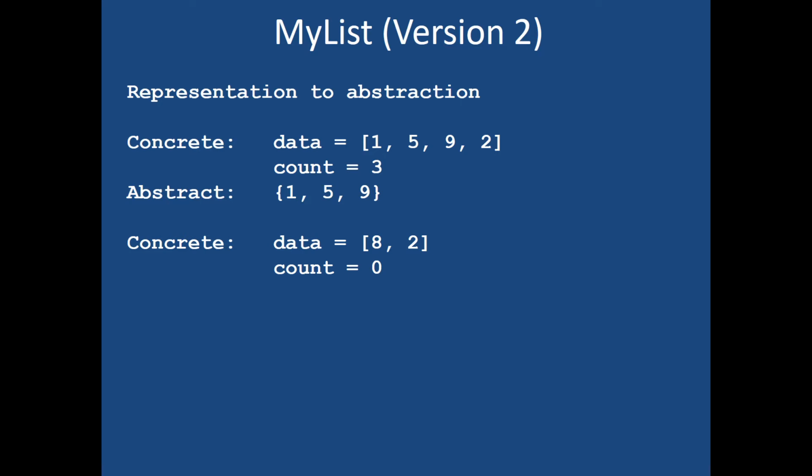So what list is that? Empty list. Okay? The count says 0. That's just room to grow. The 8 and the 2 don't matter. Maybe the 8 and 2 used to be in the list and they got removed. And that's why they're there. They're not physically removed. It doesn't matter that they're there. So we've got a place to put something when something is added to the list. So that's the empty list.